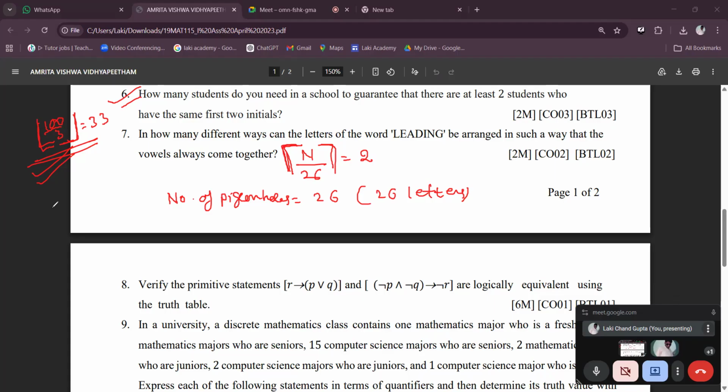So the minimum is 27. Pigeon will be minimum 27. Maximum will be 52.